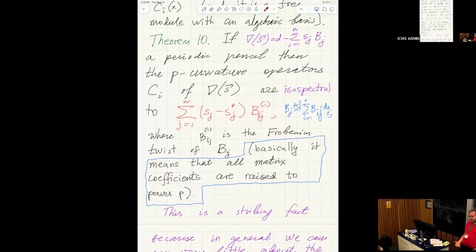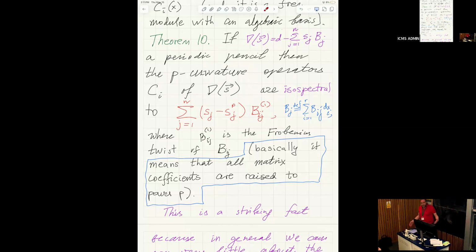So as soon as I know the p-curvature, I can basically diagonalize my connection and reduce it to a direct sum of one-dimensional connections. So essentially to solve the differential equation. Well, they don't have solutions, but by solving, I mean reducing to one-dimensional connection.